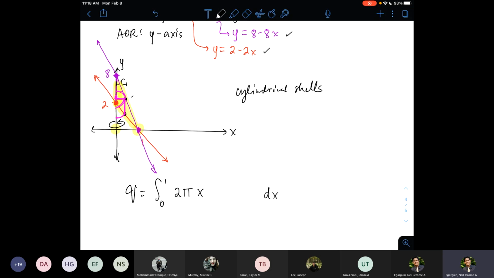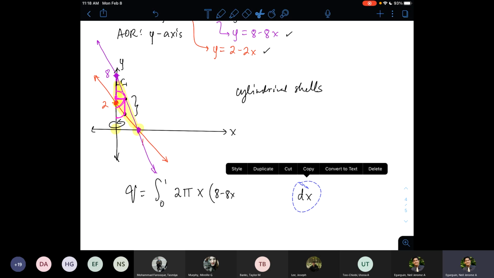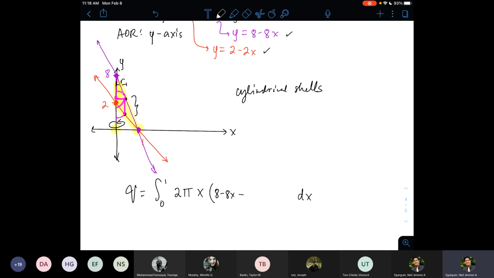And then the height is nothing more but the height of the vertical strip. So it's going to be top minus bottom. So the top function is the purple line, 8 minus 8x, minus, don't forget the grouping symbol here, because the lower function consists of 2 terms.